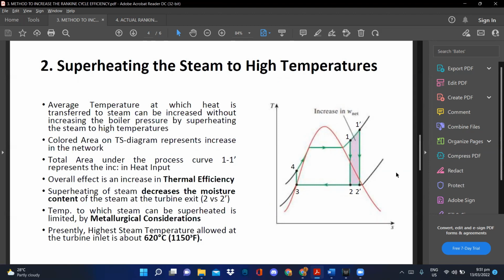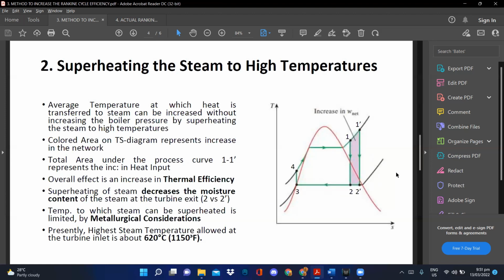Whereas dito naman, superheating the steam to high temperature, papataasin naman natin yung temperature. The average temperature at which heat is transferred to steam can be increased without increasing the boiler pressure by superheating the steam to high temperature.